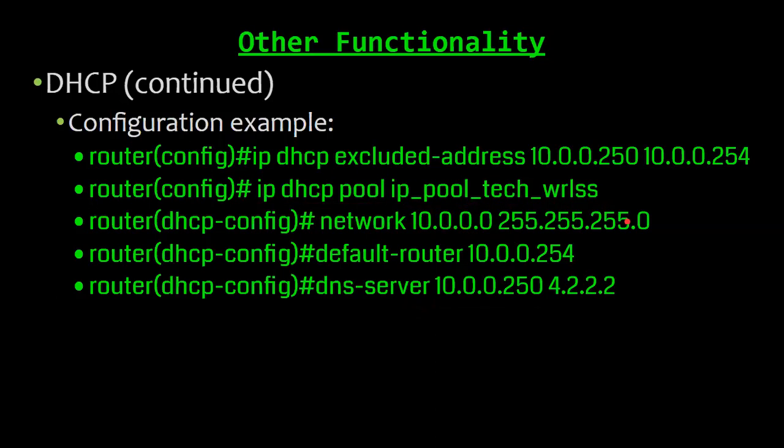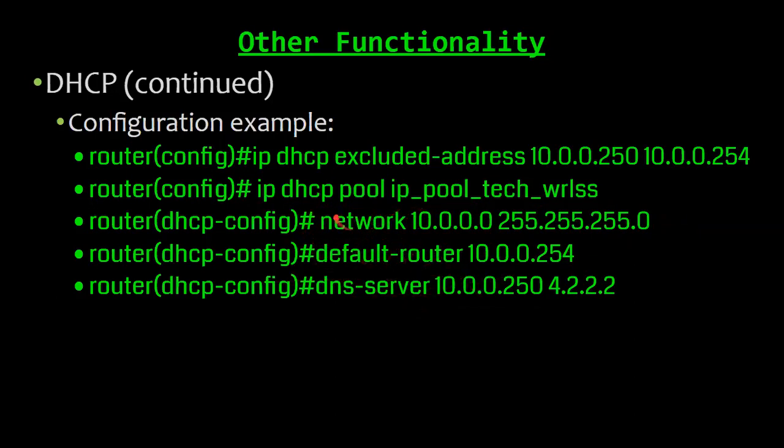And then you establish what network it serves. This is what tells that pool you're going to be servicing, in this case, the 10.0.0 network, because it's a /24. You can also put a /24 in the versions of iOS we have in our practices. And then you give it the default router and the DNS.